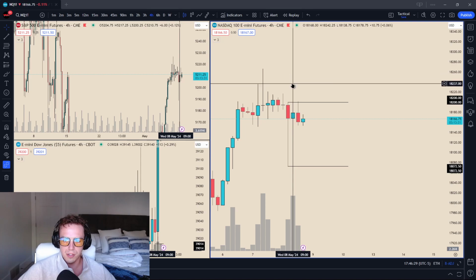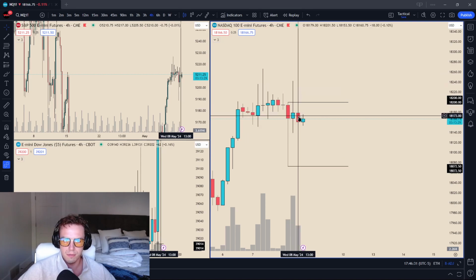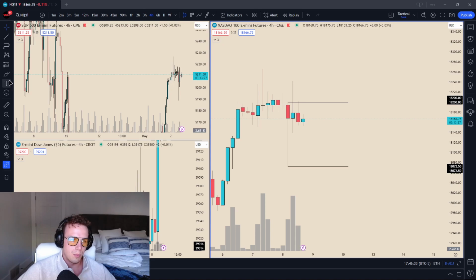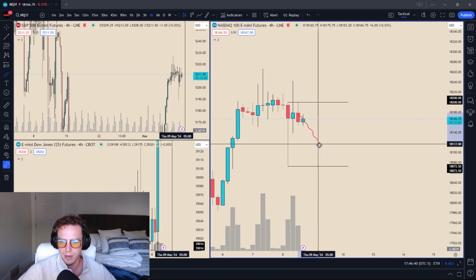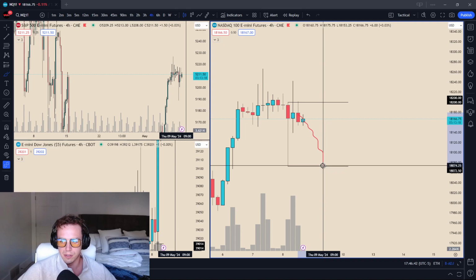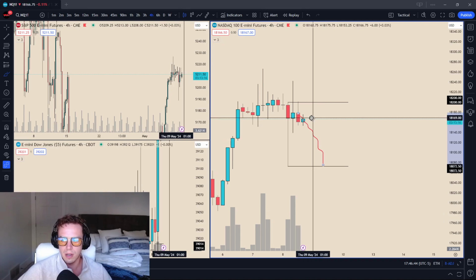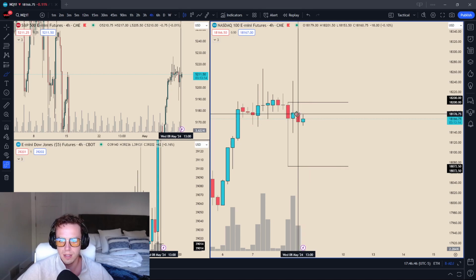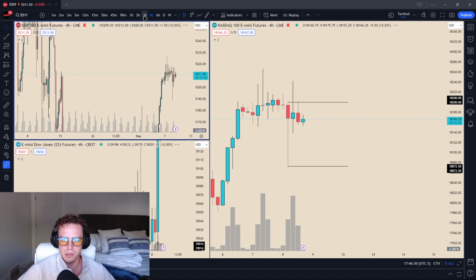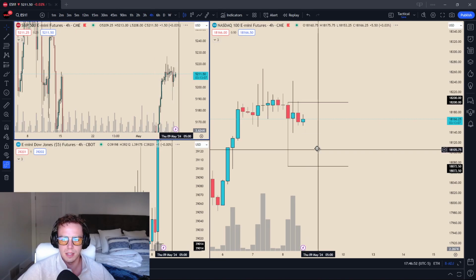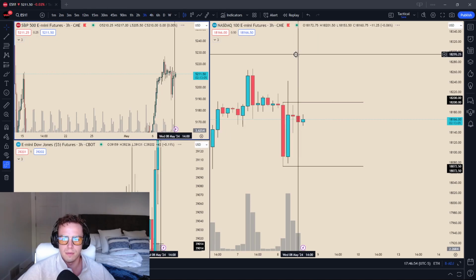We did sweep range high during the day, so once this 4 hour candle closes, I would have been expecting lower prices, right? So when this closes at 18,178, I would expect lower prices down to range low. Obviously, we didn't move down 100 and whatever points at the end of the day, but we did move lower, okay? And you just start dropping time frames, so we could be expecting lower prices going into tomorrow.